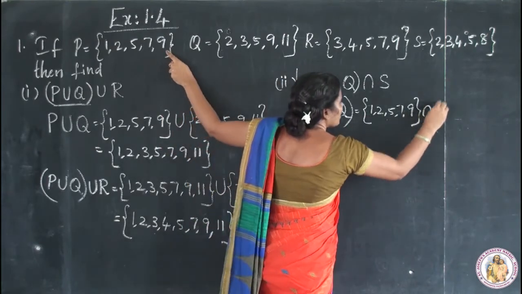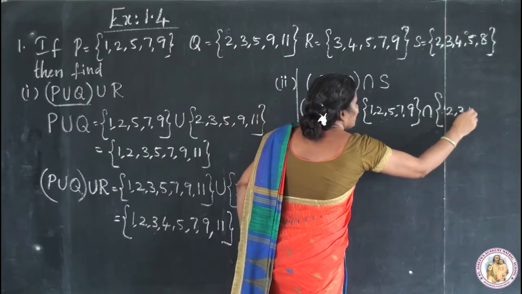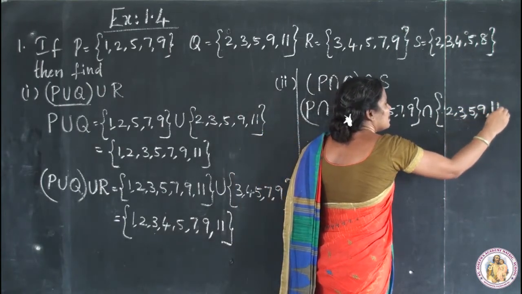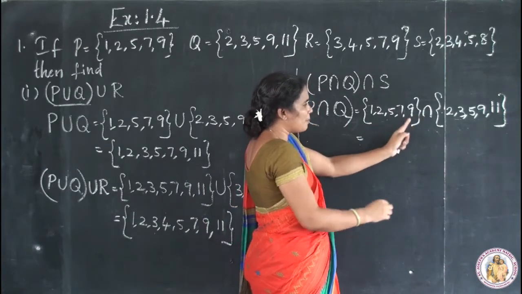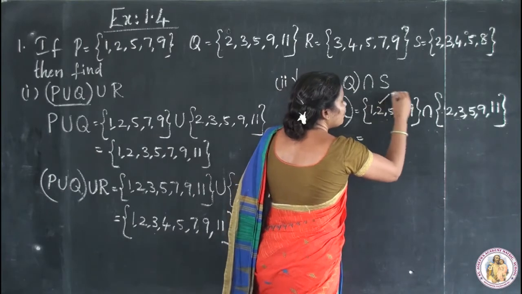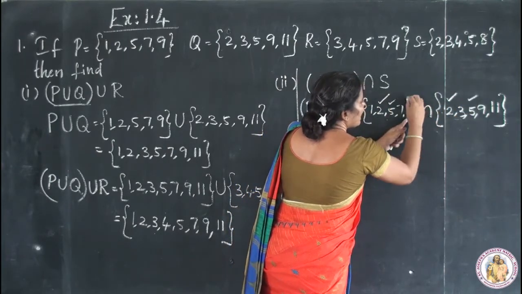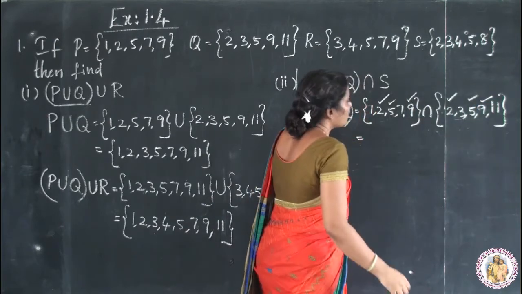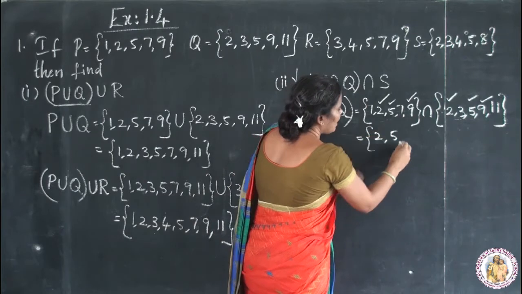Intersection Q: 2, 3, 5, 9 and 11. What is intersection? Common elements which are present in P and Q. Here we have 2, 5, 9. Okay, so 2, 5 and 9.